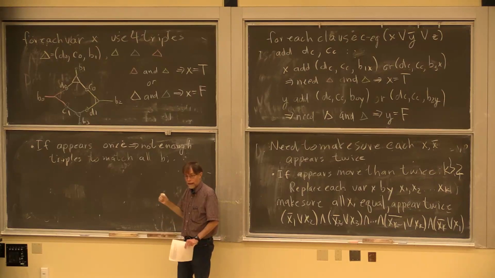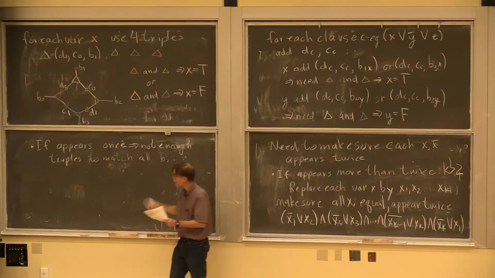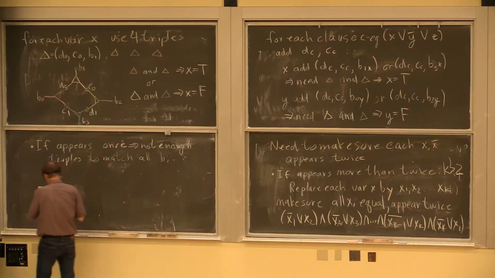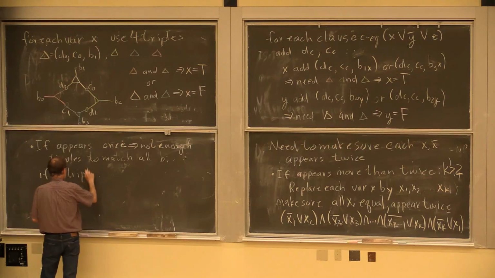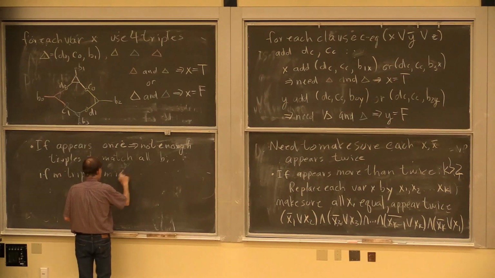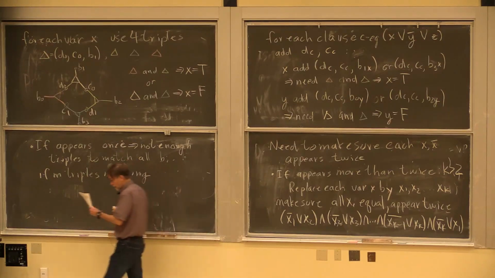So I'm going to add a bunch more helper triples to cover all the orphans. If there are m triples missing, I'm going to add lots more to cover every possibility.